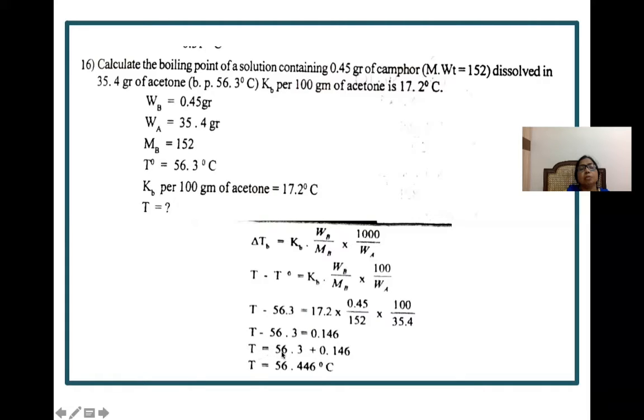T is equal to 56.3 plus 0.146. So T is equal to 56.446 degrees centigrade.